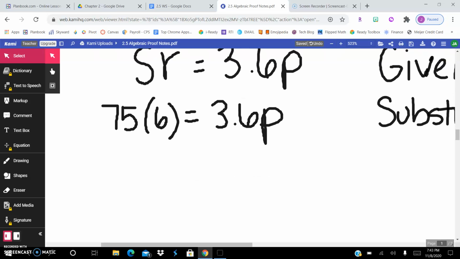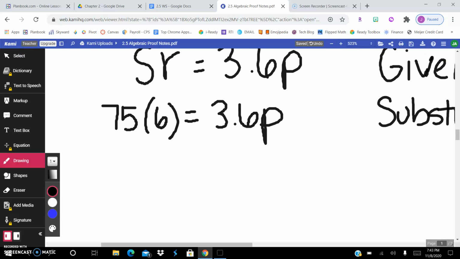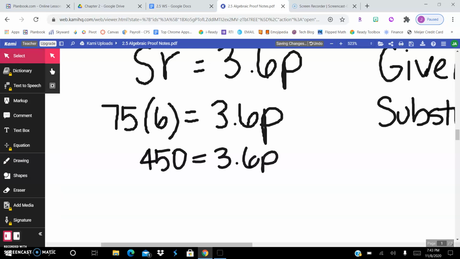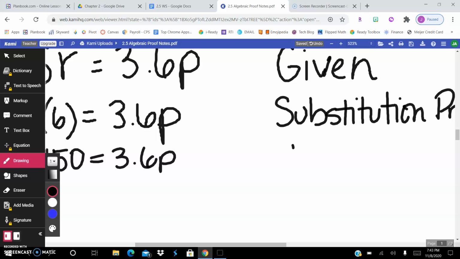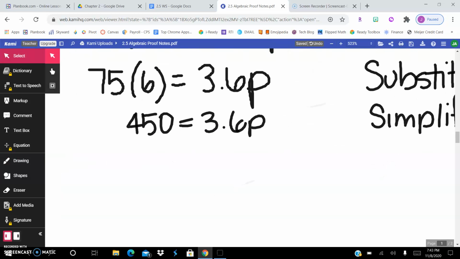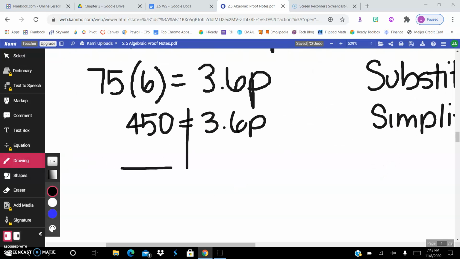And then over here, we're going to have to simplify 75 times 6, which is 450. And that equals 3.6P. So my proof for that is just simplify. And then we're going to have to divide each side by 3.6.